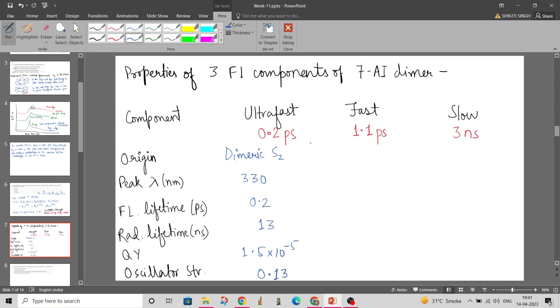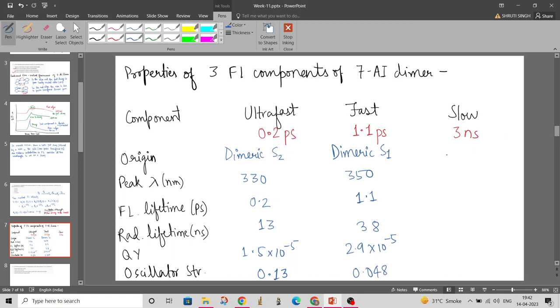For the fast component, it was dimeric S1, its radiative lifetime more, quantum yield more, but the oscillator strength was less.